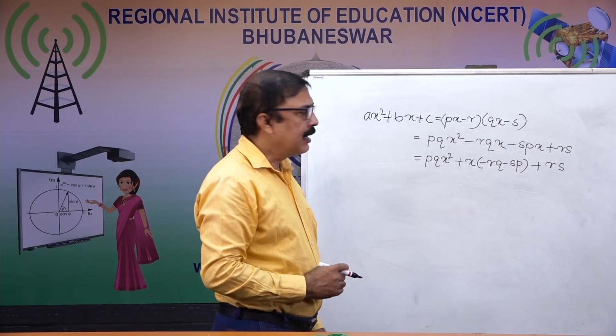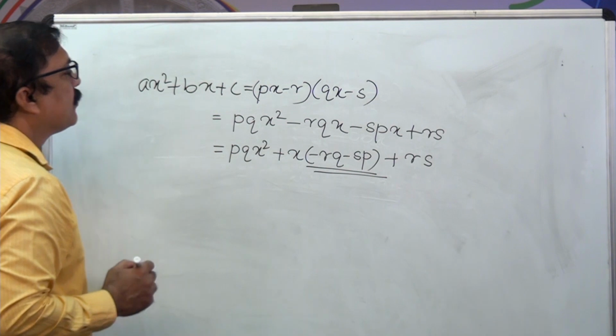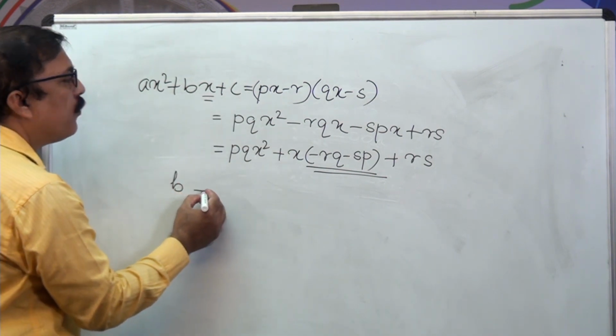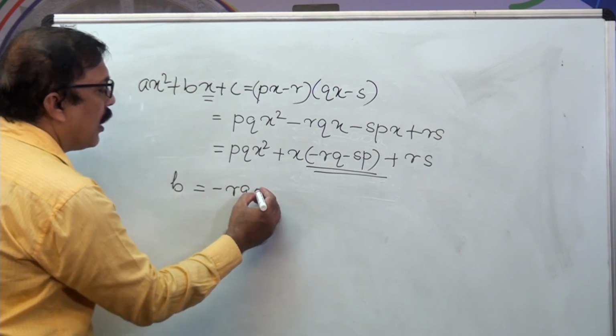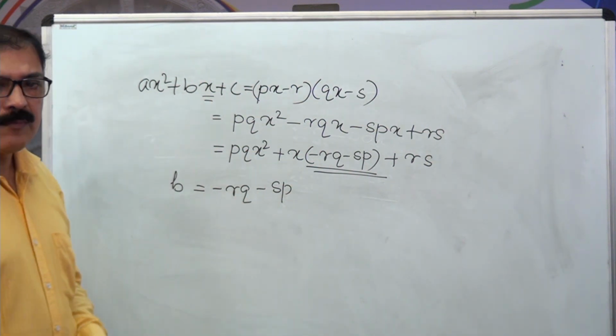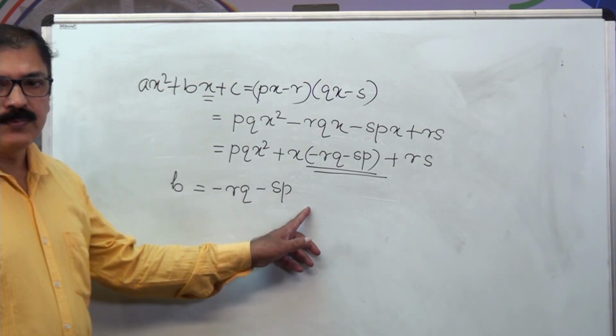Now we can see that the coefficient of x is b here. So we can write b is equal to minus rq and minus sp. That means b is the sum of two numbers, minus rq and minus sp.